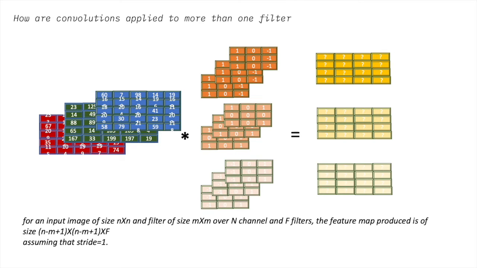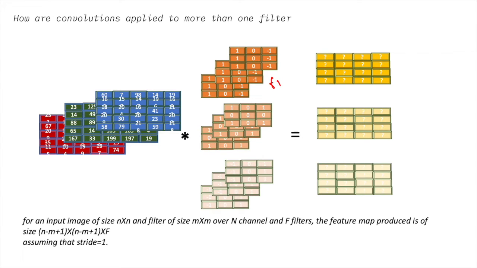And then it could have another feature wherein you want to capture the leaves, if there's a leaf present, or the stem of the apple. Each of these would be filters, and the more filters that you have, the more features that you're able to capture.